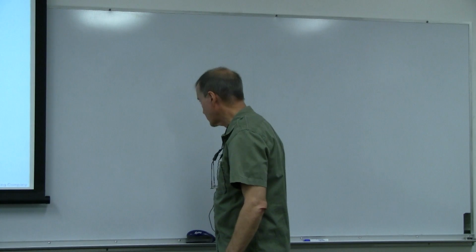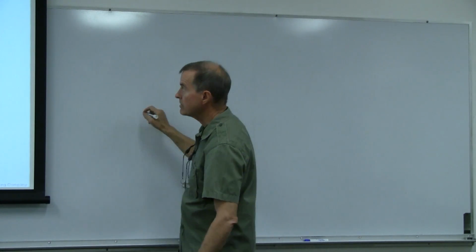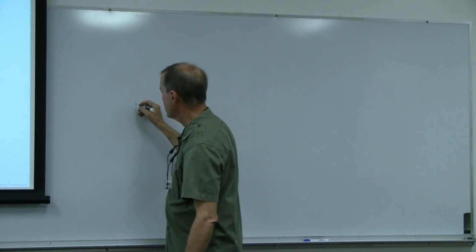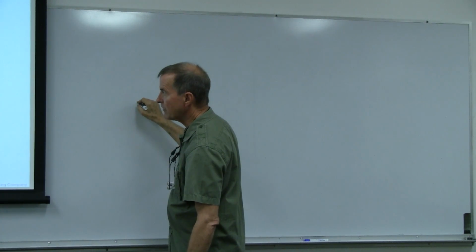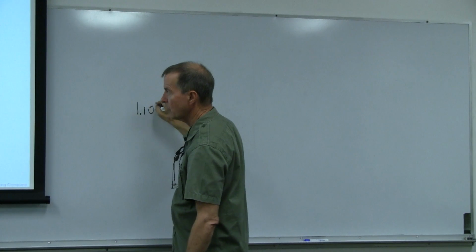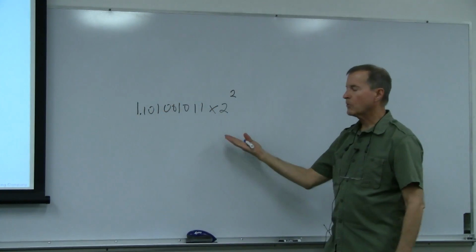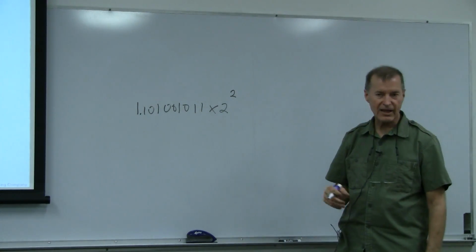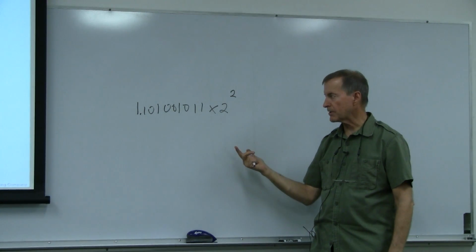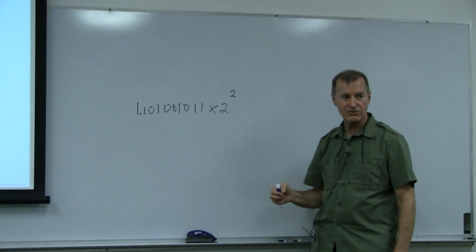Getting back to 6.5859375, it's 1.101. What are we going to have to store in order to store a floating point number in binary scientific notation?